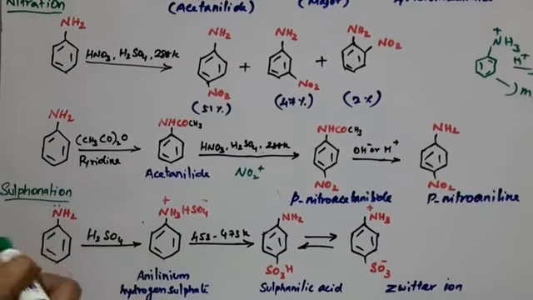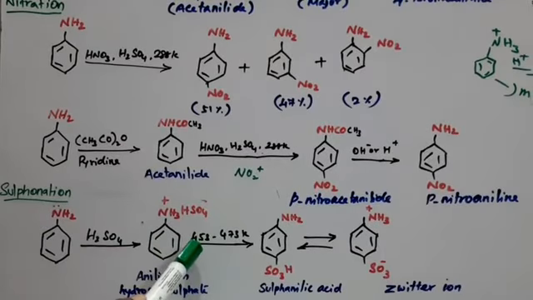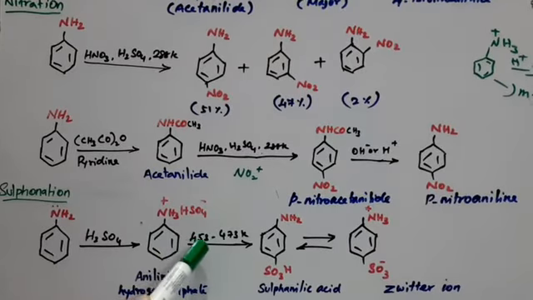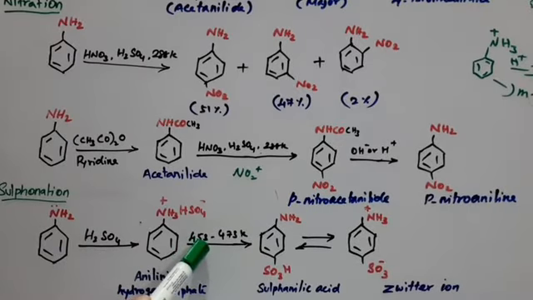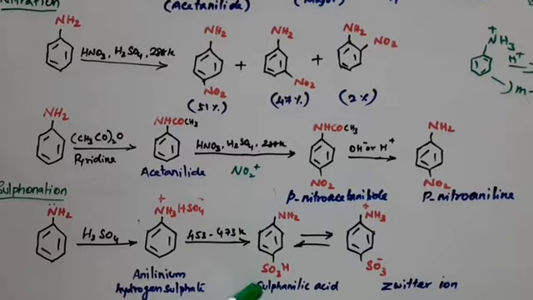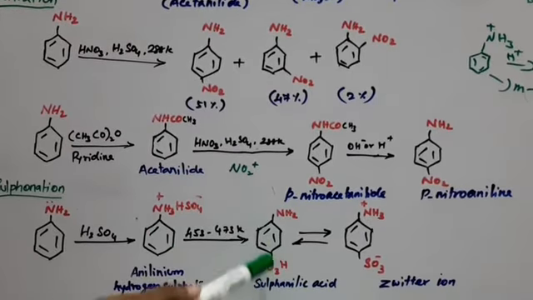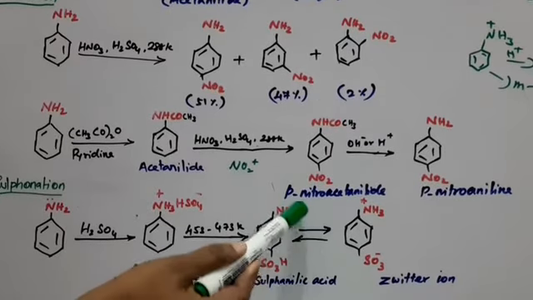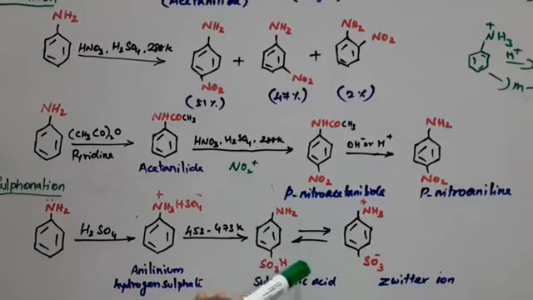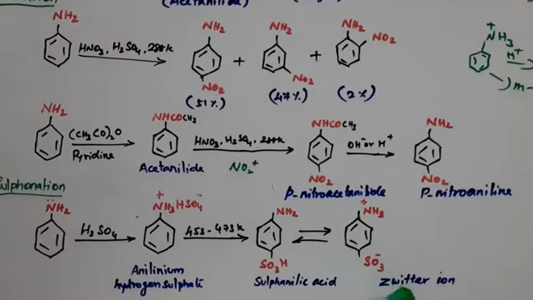This anilinium hydrogen sulfate reacts in the temperature range of 453 to 473 Kelvin to form sulfanilic acid. In this sulfanilic acid, the H plus proton transfer takes place within the same compound, so it acts as a zwitter ion.